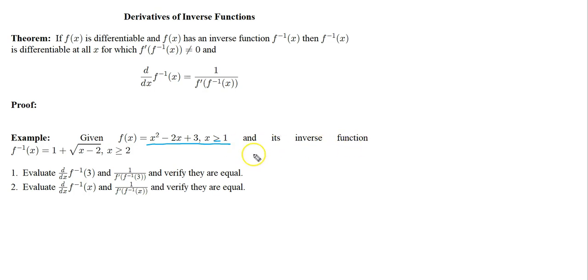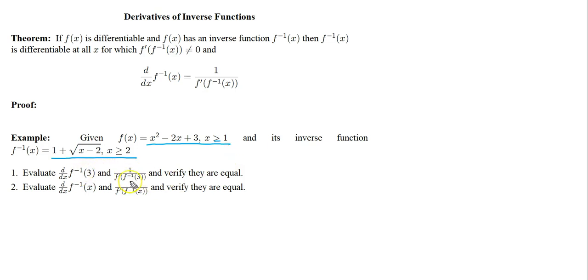And we found that its inverse function was given by this, 1 plus the square root of x minus 2. So you can go back in the previous video for inverse functions and see how to do this. You can just take it for granted that this is the inverse function for x squared minus 2x plus 3 with this restriction on its domain.